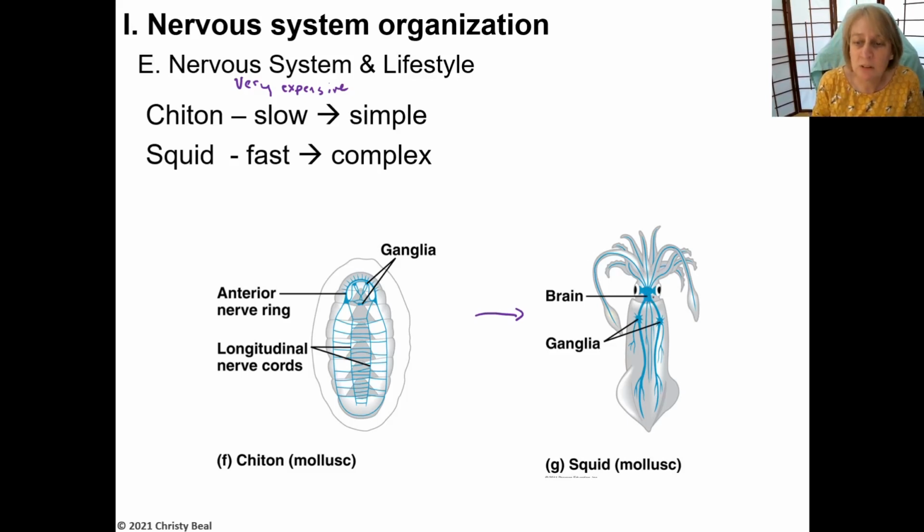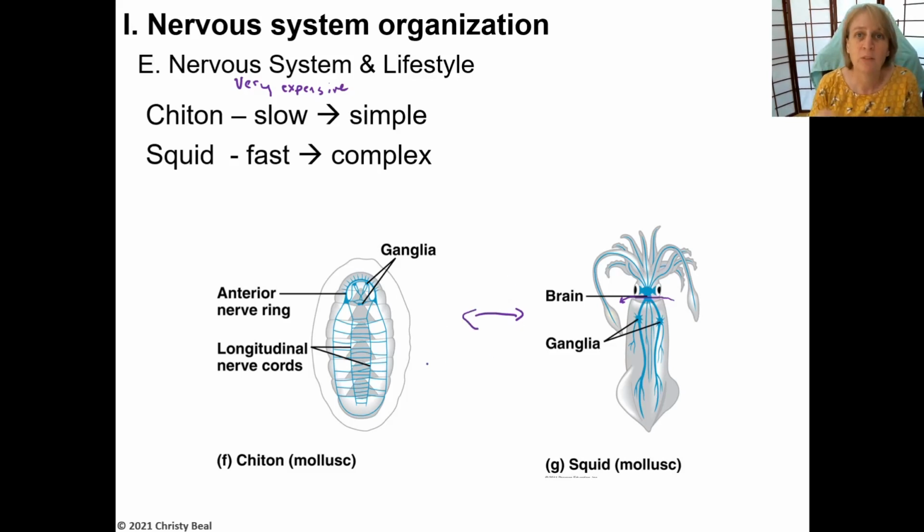In fact, it uses so much energy that some of the mollusks actually have a water pathway that runs over their brain that constantly cools their brain because they're using so much energy it gets a little bit too warm to function. So they need a cooling system on top of it.